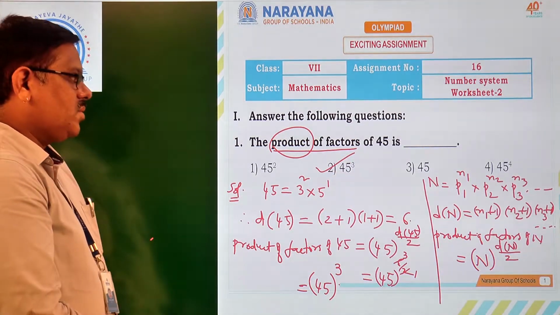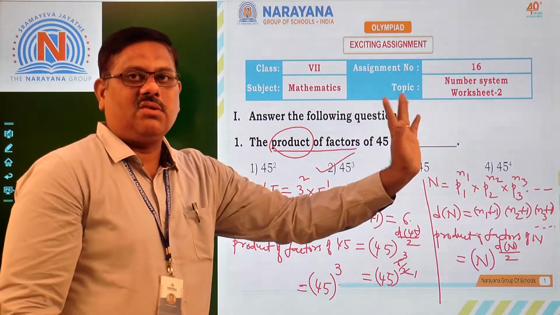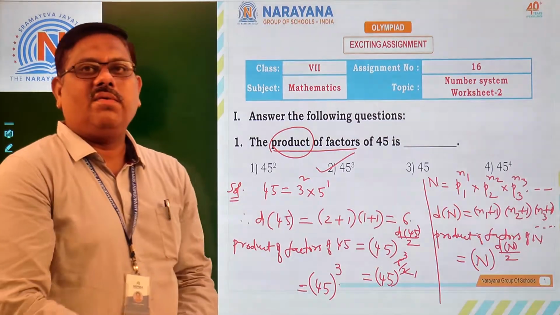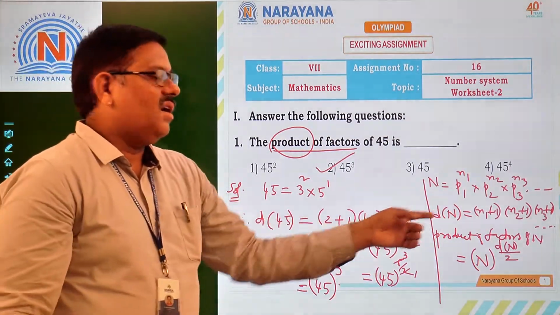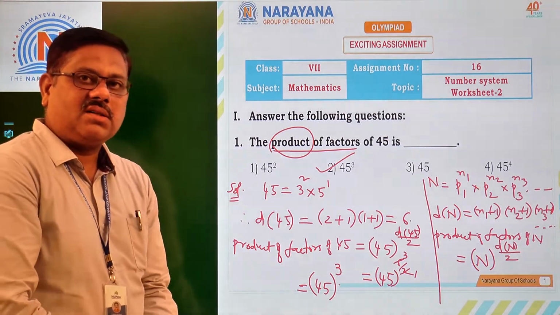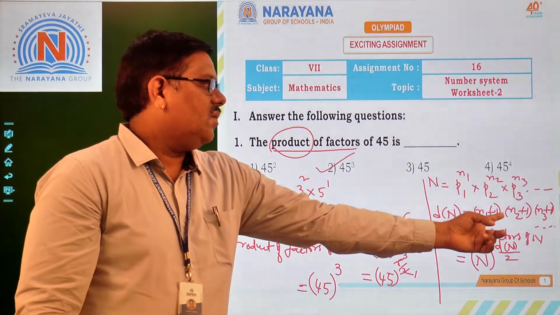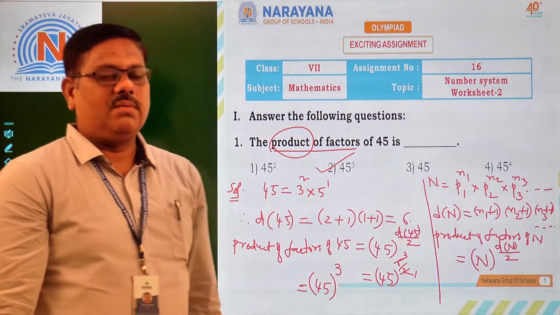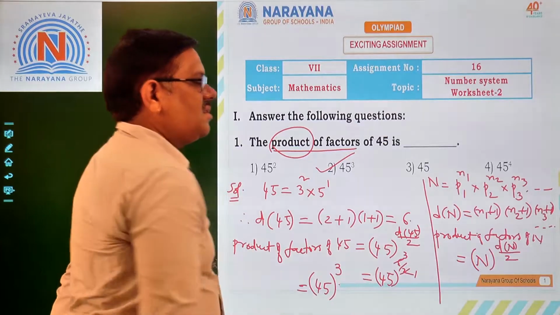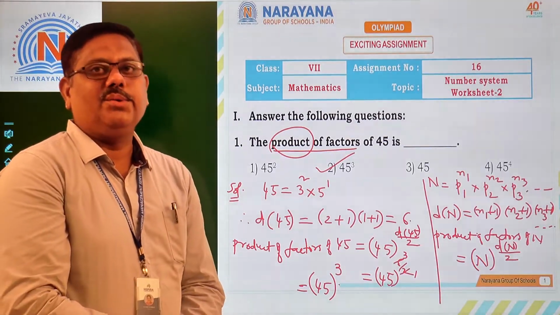Okay. So what is the procedure we did? First n we have to convert as product of primes, or standard form of n we have to write. After that d of n, number of divisors or number of factors of n, we have to find out by using the formula n1 plus 1 into n2 plus 1 into n3 plus 1, so on. After that, product of factors of n is given by n to the power of d of n by 2.